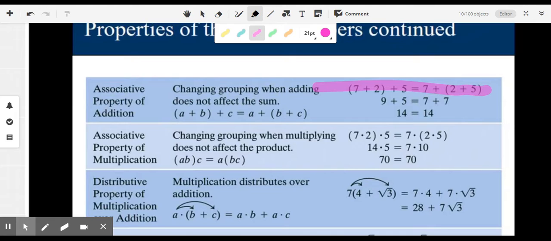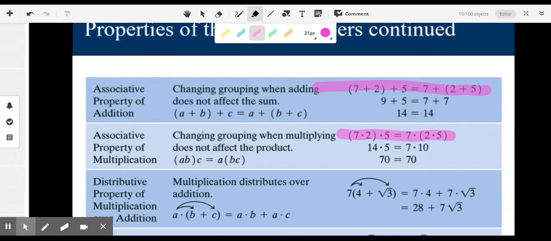The associative property says it's okay for me to add 2 and 5 together first to get 7, and then add it to 7, it still equals 14. All right? So it really doesn't matter how you group them together, if they're all addition or if they're all multiplication. That's the associative property. If you notice the same thing below, 7 times 2 grouped together times 5 is the same as 7 times 2 times 5 grouped together.